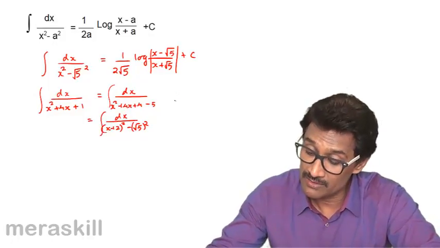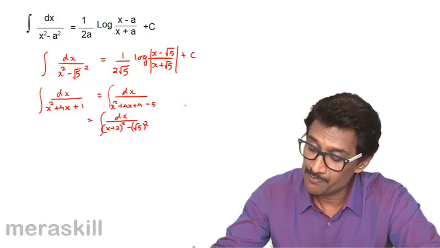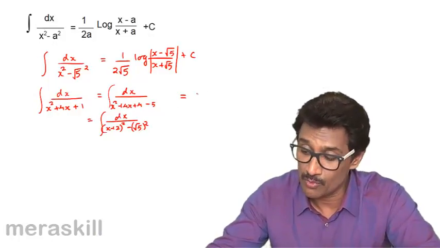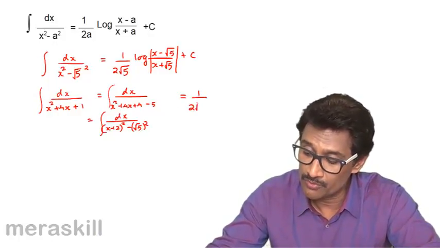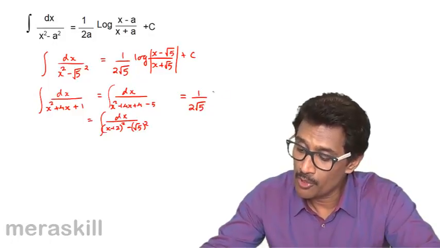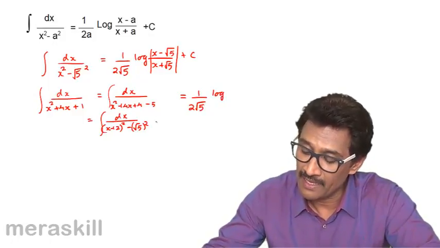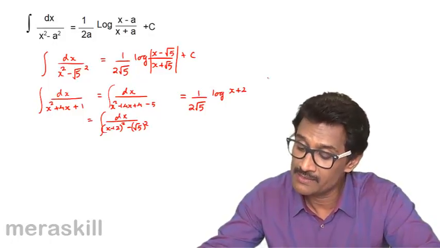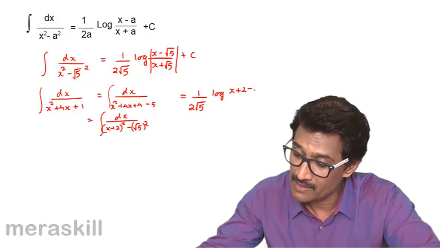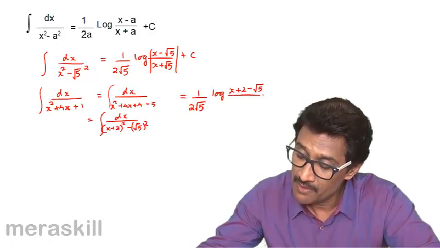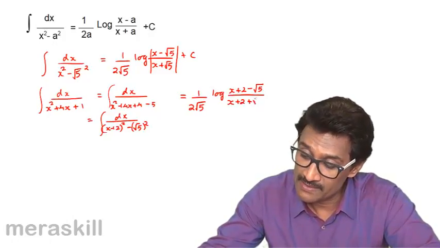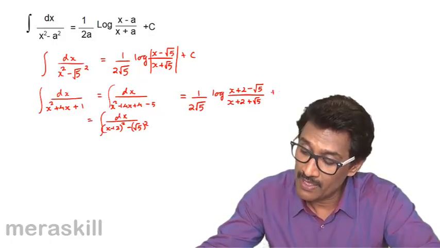So eventually this is going to be again the same way, 1 upon 2a. A in this case is root 3. So 1 upon 2 root 3 log (x minus a) upon (x plus a). X is nothing but x plus 2 in this case. Minus a, that is minus root 3, upon x plus 2 plus root 3, plus k. Hence we get it this way.